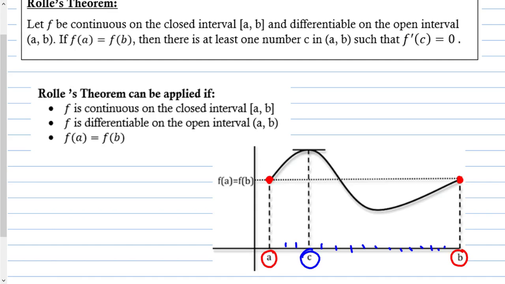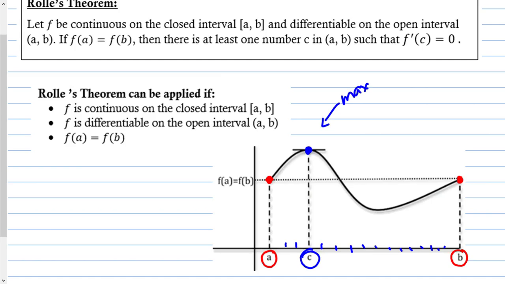But it could be anywhere between A and B. There is an x value where the derivative, or slope, slope, derivative, same thing, is equal to 0. If you look, here's the y value, and this is a maximum in this particular picture, and since it is the maximum, the slope is 0.